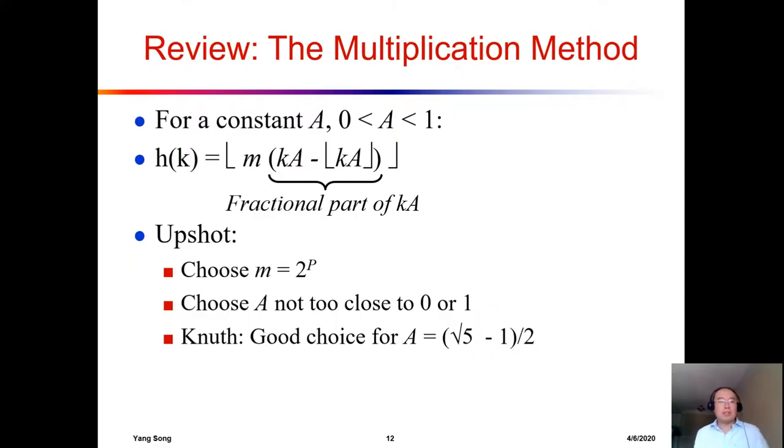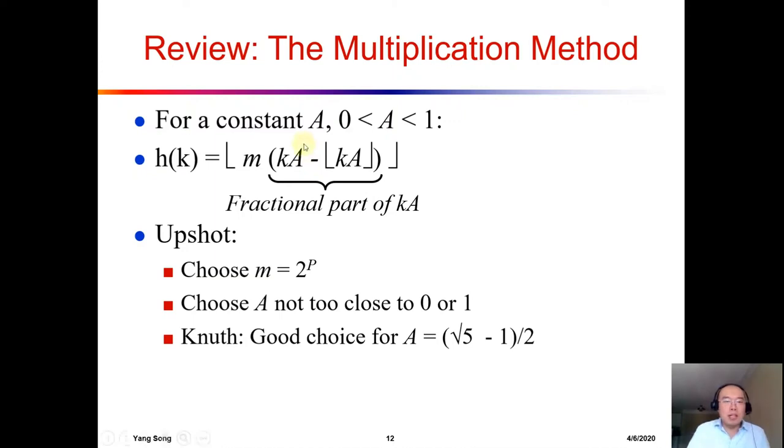The next one is called multiplication. For this multiplication, we have to pick a constant a, and this a is between 0 and 1. Then for a key k, we compute m multiplied by this part: ka minus the integer part of ka. So k multiplied by a, minus the integer part of k multiplied by a.